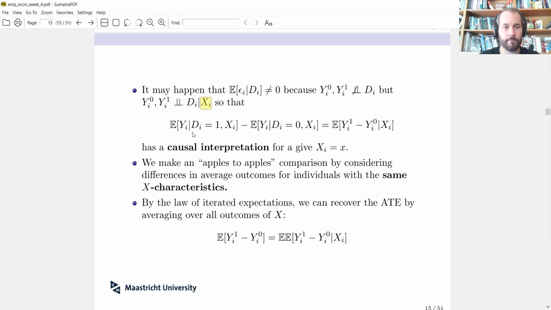So if we have this condition, that once we control for X, D_i is independent of the potential outcomes, then we can write this here. We compare the average outcome for all people that have a certain characteristic X, for instance, people that work in the same industry, and we compare the people within that industry that receive the treatment with the people within that industry that do not.